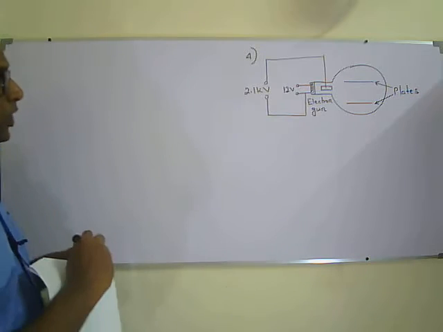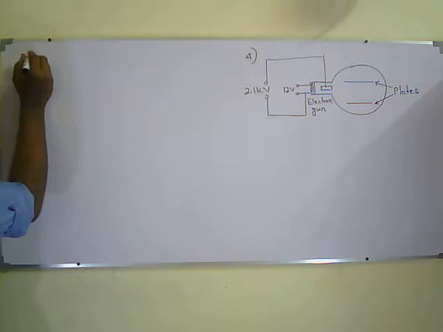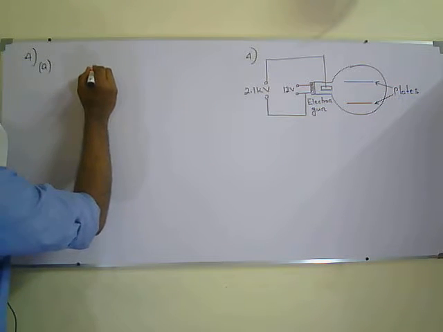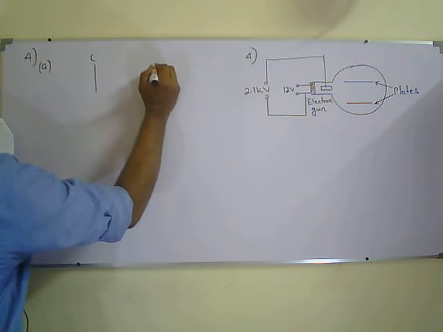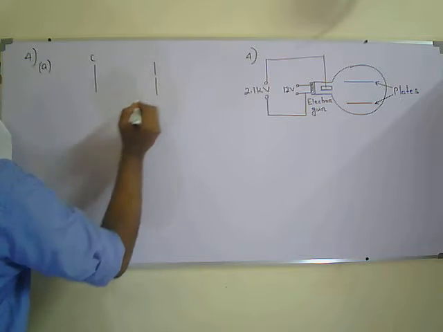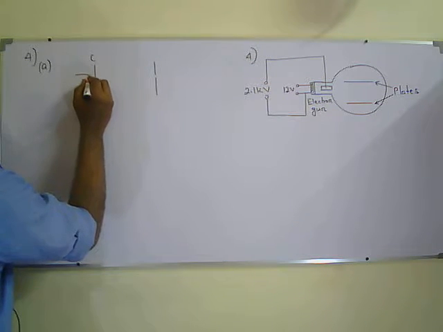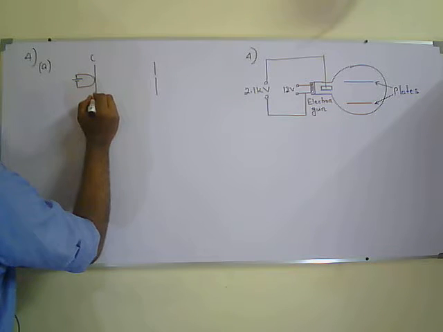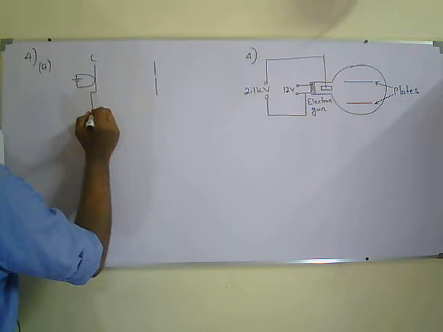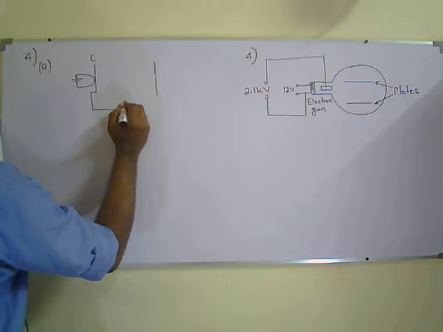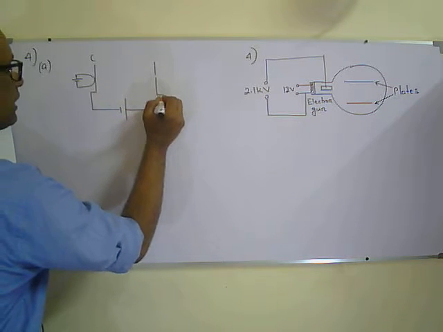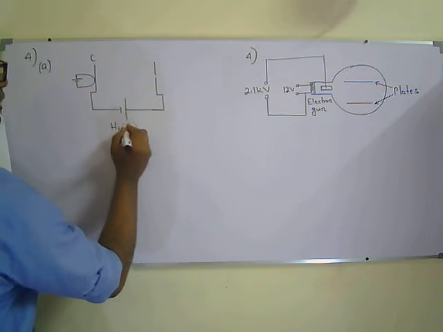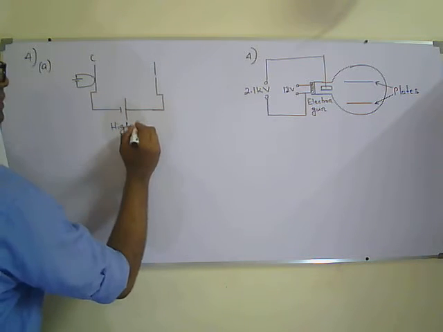If I draw a block diagram, we normally draw it like this. This is the cathode, this is the anode, there will be a small hole, and this is the heater. We show this as a negative plate and this as a positive plate, and we name this as high voltage, that is 2.1 kilovolt.